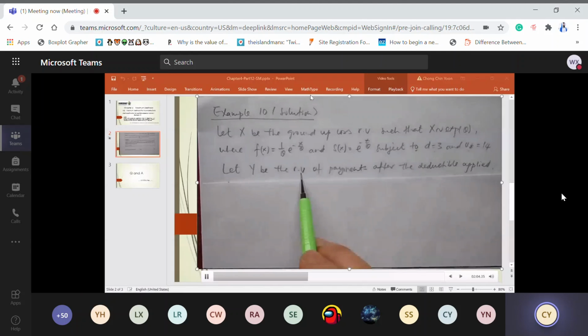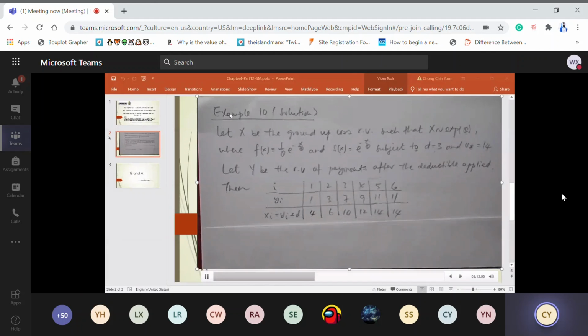Let Y be the random variable of payments after the deductible is applied. Then we have the following chart for the observations yi and xi, where xi equals yi plus d.